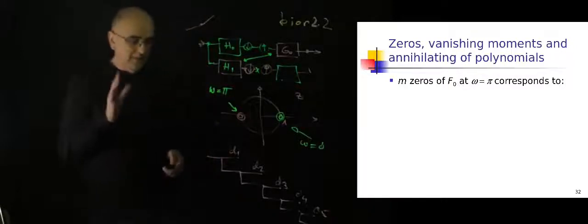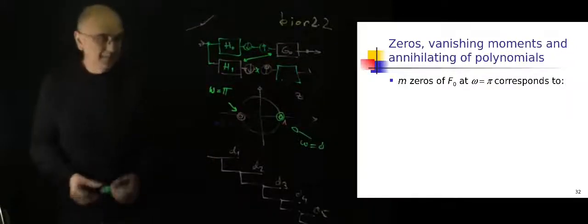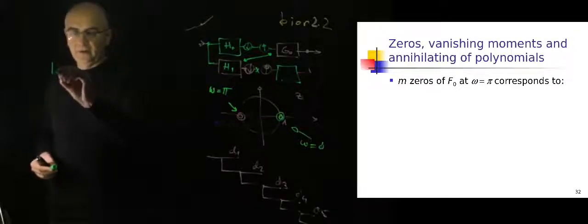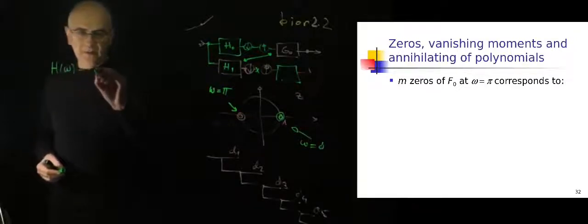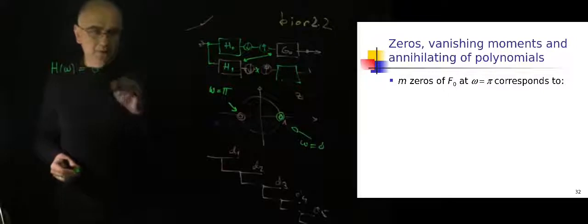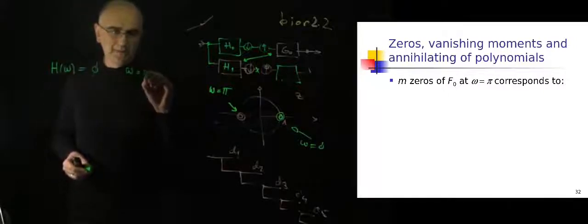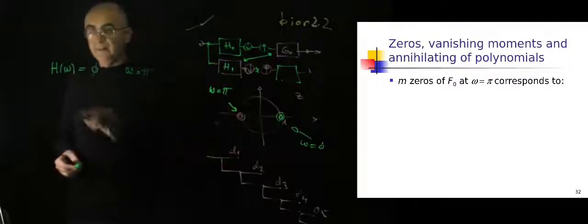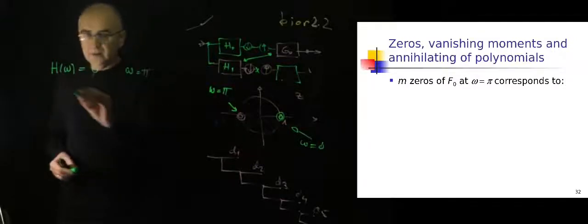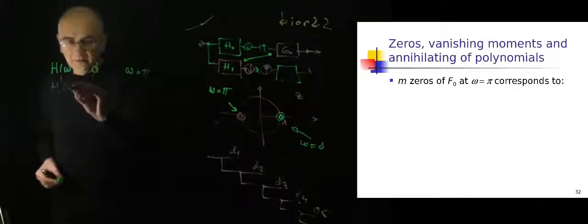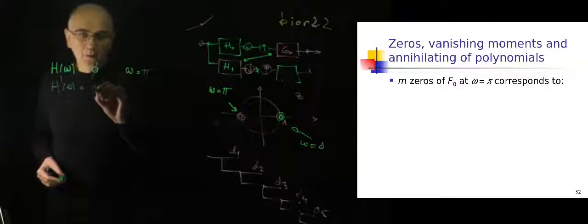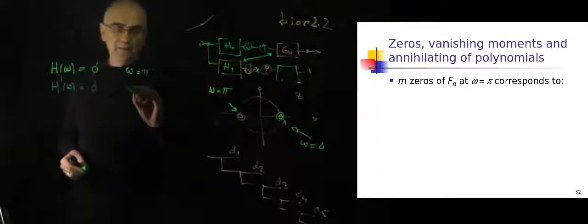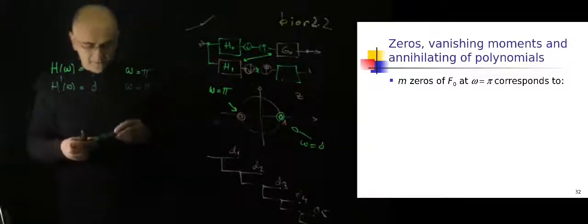So if the filter has, in our example, two zeros at the Nyquist frequency, what does it mean? It means that h0 equals 0 at that frequency, of course, but also we have two zeros, so also derivative of h0 will be 0 at the Nyquist frequency.